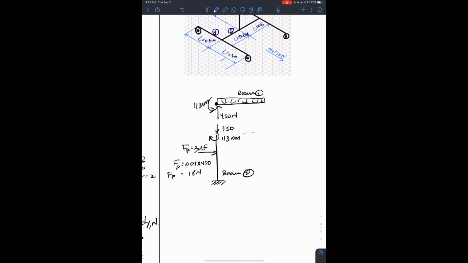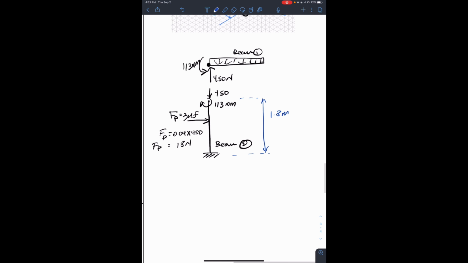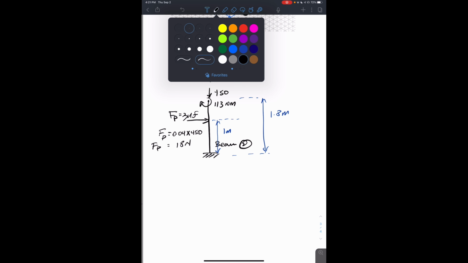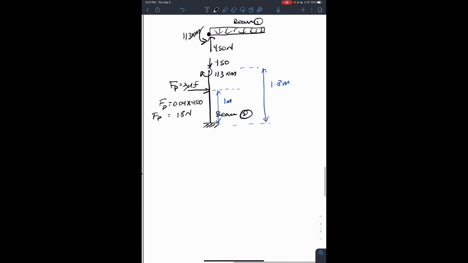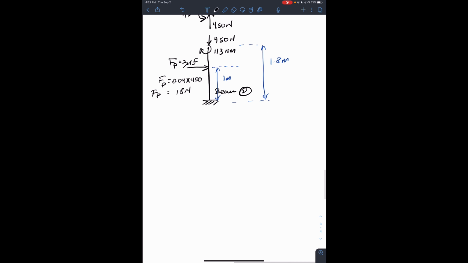Right, so dimension wise, the length of our beam is 1.8 meters. Just recall that there, right? And we said that the pushing force was at 1 meter from the base. So this is our beam, but it's vertical. So what we can do to make life easy, we could just rotate the beam because we have all the forces on the beam. So we could rotate it.